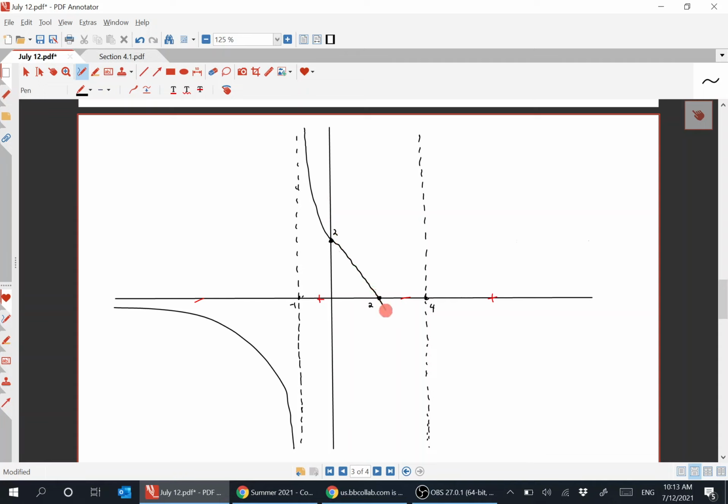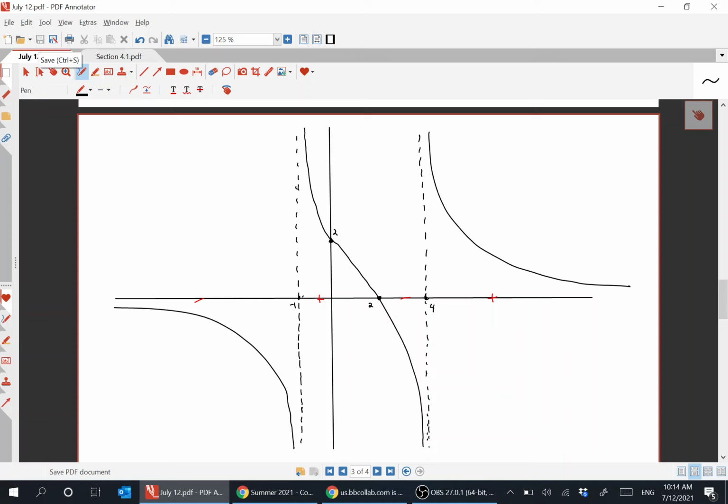And similar sorts of things here. It's got to be curved down in order to slope down the vertical asymptote there. And then positive here, so it has to look like that. So there is that inflection point. We don't know where it is, but that's okay. This is a rough sketch of what this graph looks like.